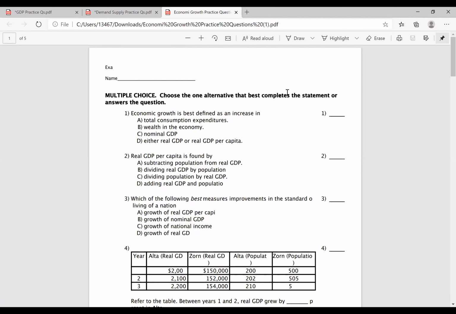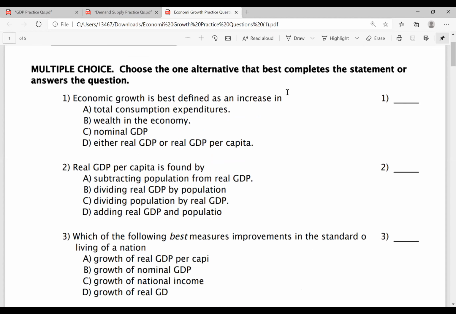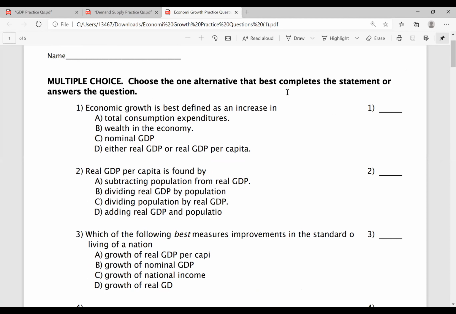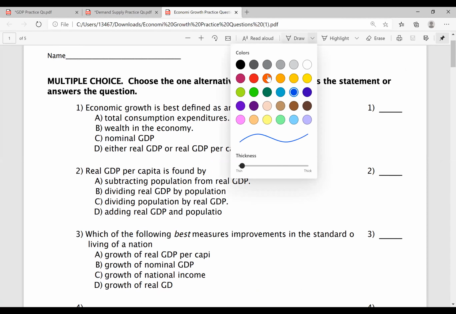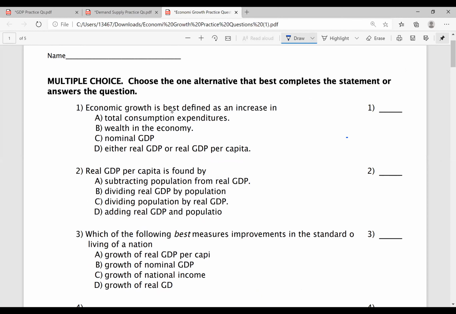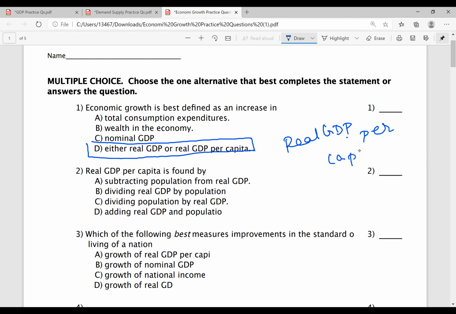Okay, so these are the questions, and let's try to figure them out together. Economic growth is best explained by either real GDP or real GDP per capita. Question: what is real GDP per capita?